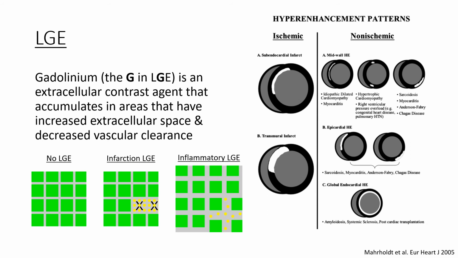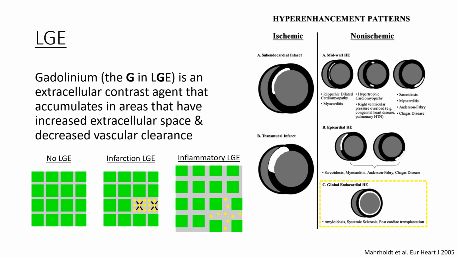In addition to the appearance, the distribution is absolutely key. The ischemic types of LGE have very typical distributions in coronary territories that are subendocardial or transmural, whereas the non-ischemic forms will have mid-wall, subepicardial, or even global subendocardial hyperenhancement patterns.